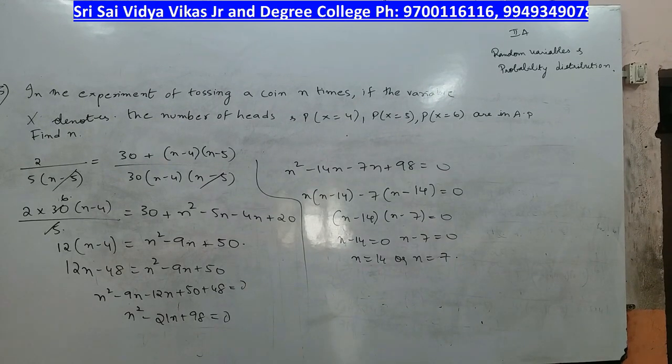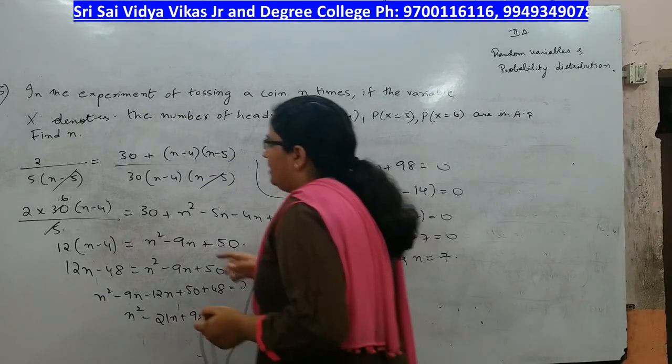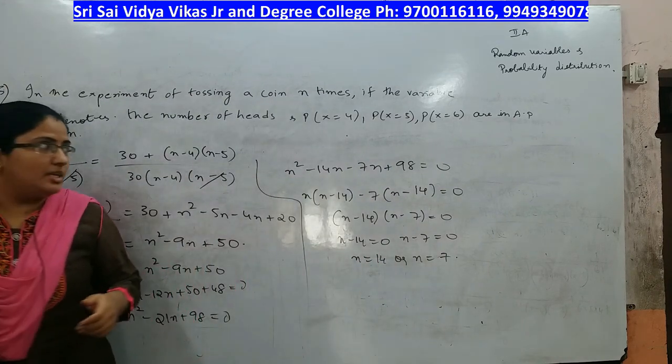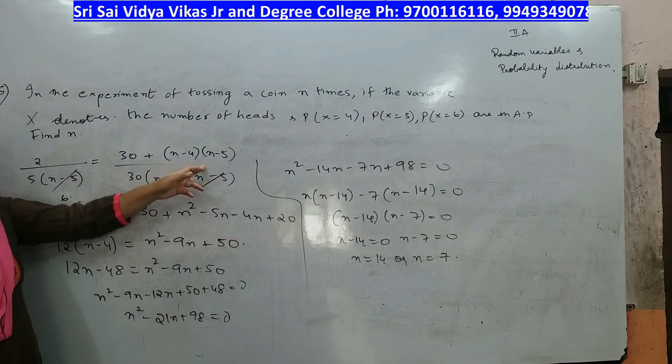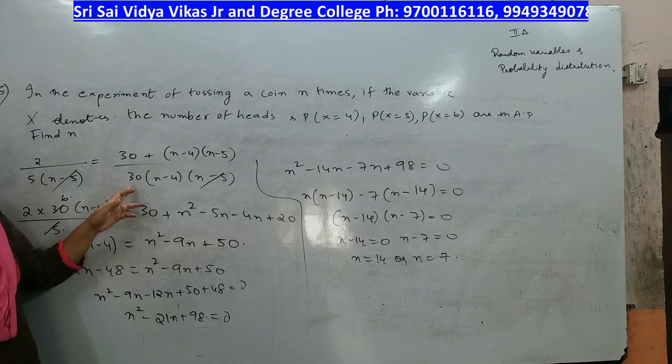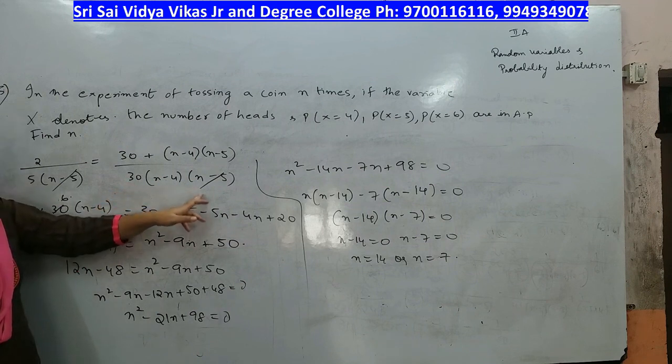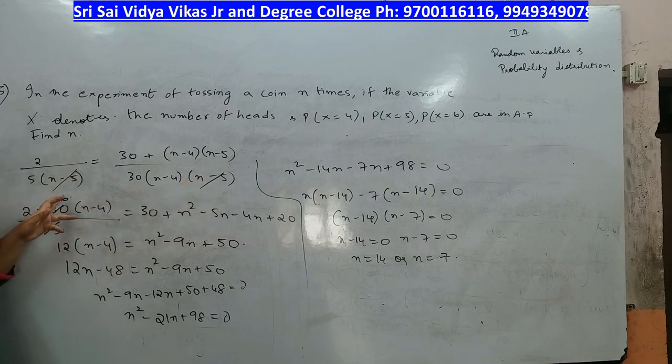If you take the LCM, you have 2 by 5 into n minus 5, that is equal to 30 plus n minus 4 into n minus 5 by 30 into n minus 4 into n minus 5. n minus 5 gets cancelled, 30 goes up, 2 into 30 by 5 is 12, and n minus 4 also goes up.